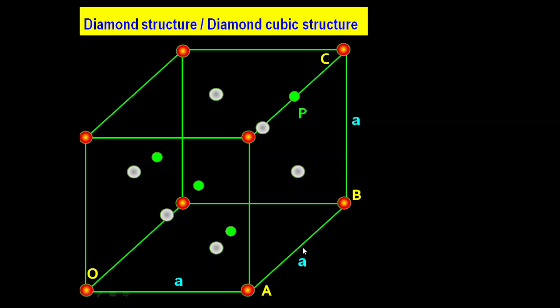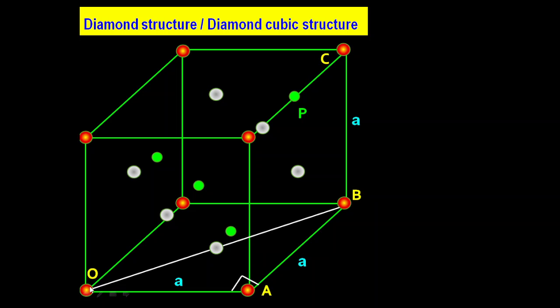Now suppose a diagonal is joined from O to B atom. If I want to calculate the length of this diagonal OB, this is a 90-degree angle, and this is a right angle triangle.